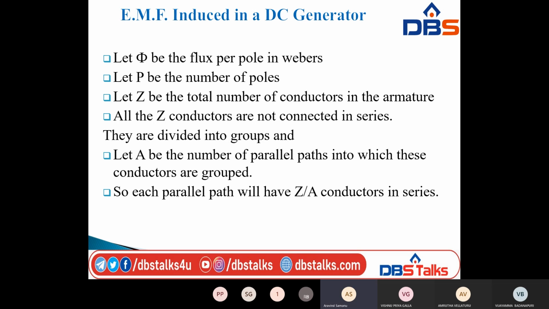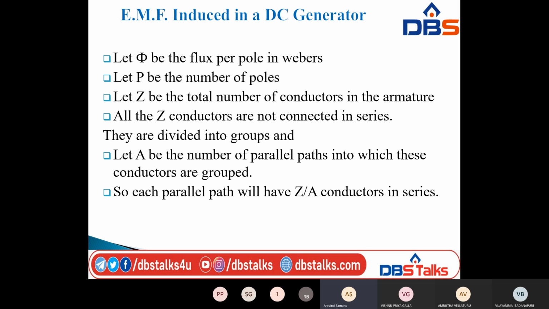They are divided into groups, and A is the number of parallel paths into which these conductors are grouped. Each parallel path will have Z by A conductors in series.